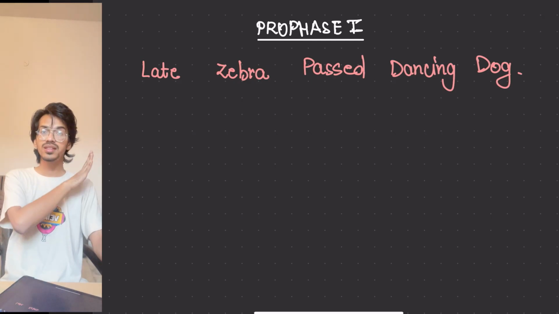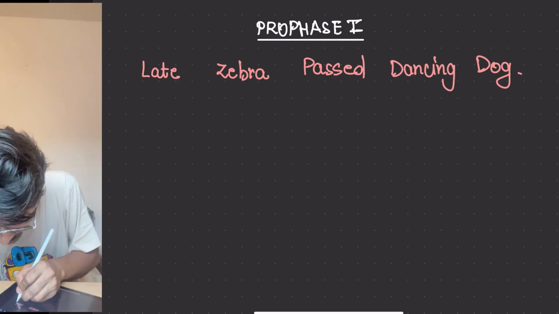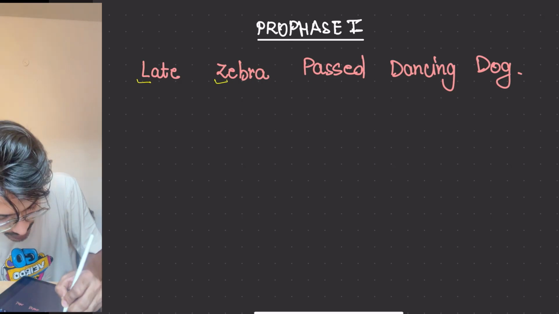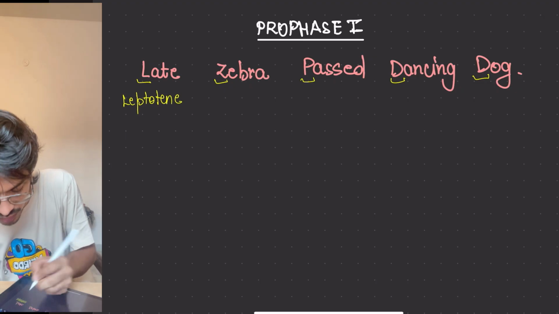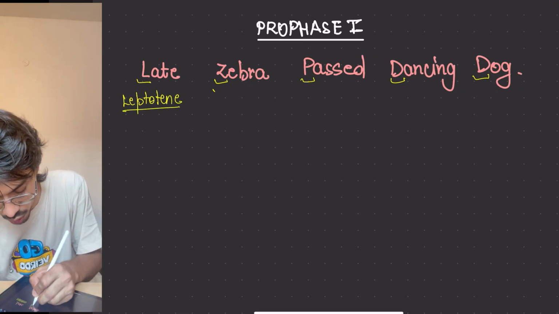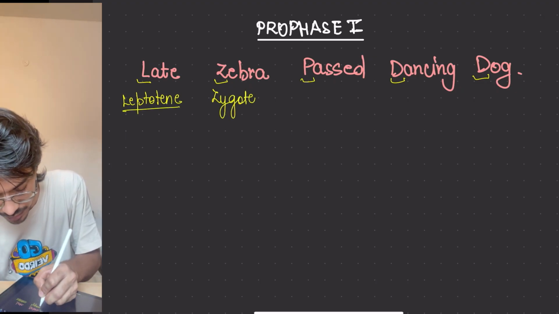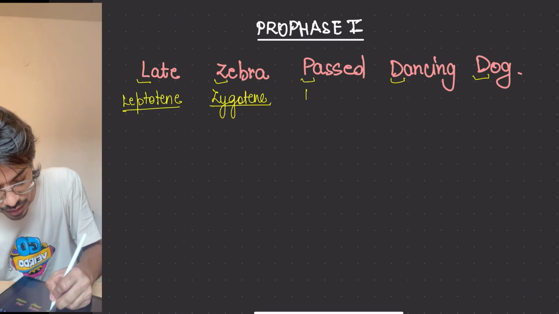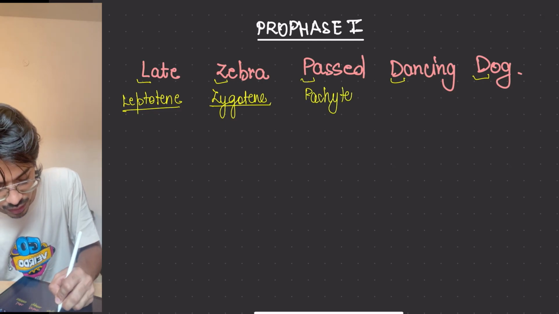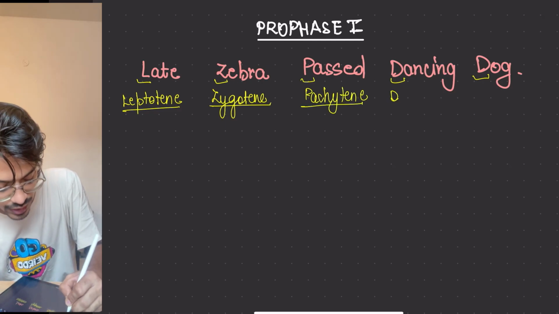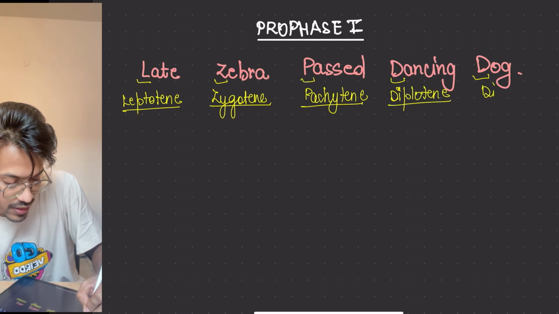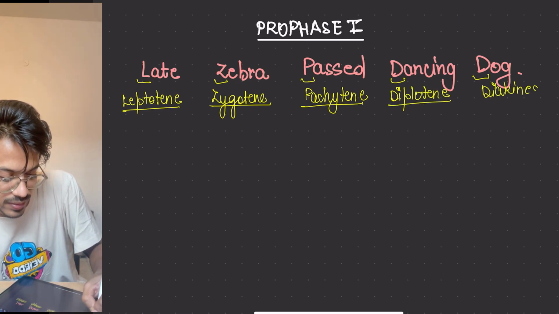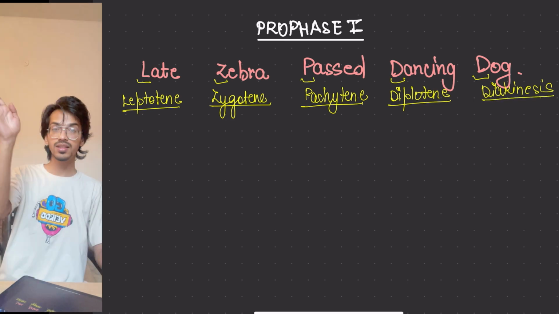Late zebra passed dancing dog: L, Z, P, D, D. The first L is Leptotene. The second Z is for Zygotene. P is for Pachytene. D is for Diplotene. And the next D is for Diakinesis. So these are the stages step by step.